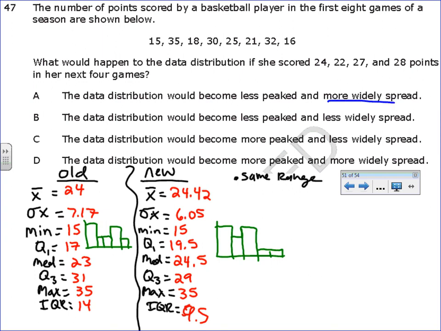When it says more widely spread, I can go ahead and take those out. That's definitely not going to be it. When I look at my histogram, I can tell if it's going to become less peaked or more peaked. Well, the data's getting closer together, and you can see from my histogram picture that it's getting more peaked. So my answer is C.